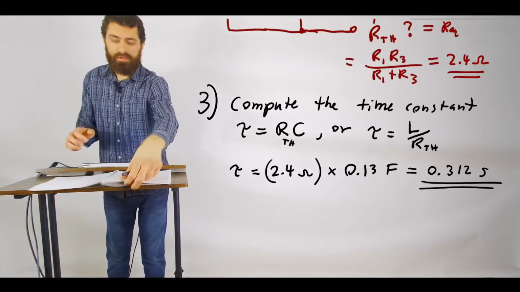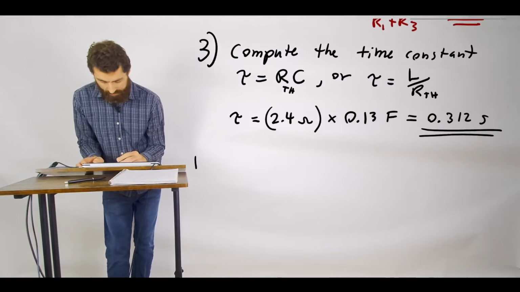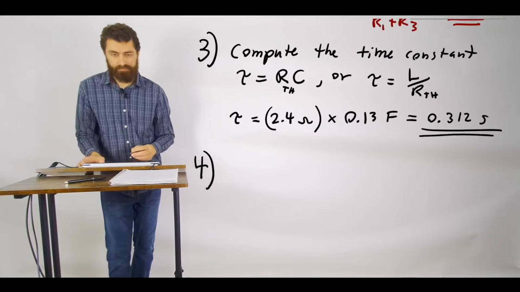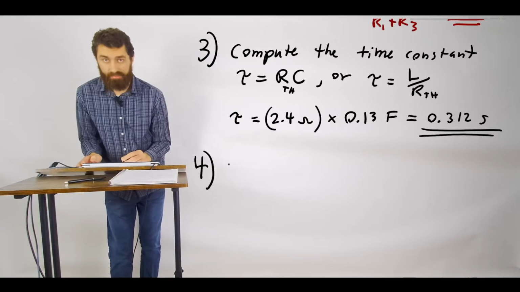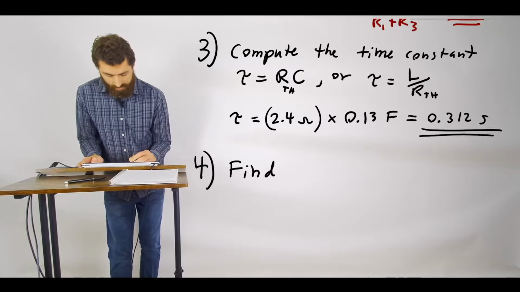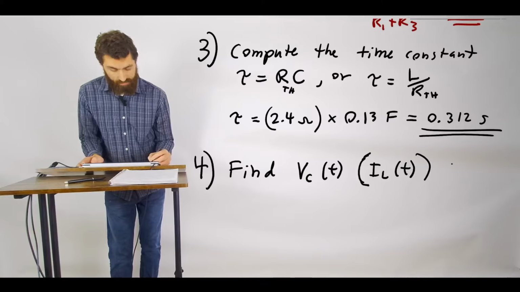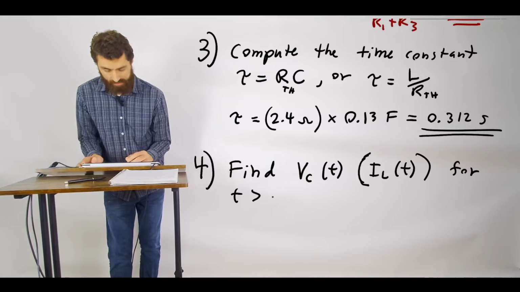So then once you've done that, we have the fourth step. Fourth step is that you want to find the capacitor voltage as a function of time, or the inductor current as a function of time, for t greater than 0.